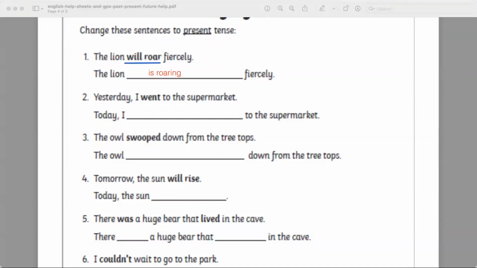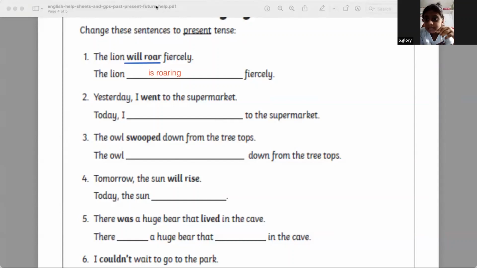Right. The next question. Yesterday I went to the market. So that's in the past tense. How will that become in the present tense? Glory? Yes, ma'am.